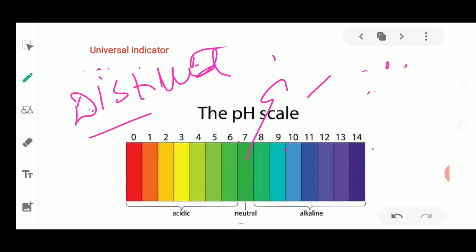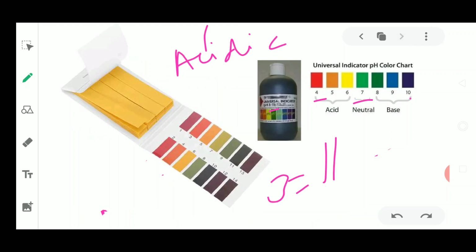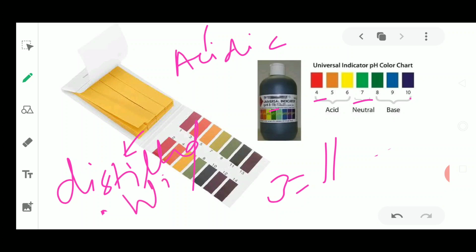When you take a strip of universal indicator paper and dip it in distilled water, what will happen? Distilled water is neutral in nature, so it is going to give you the 7 value. It is going to show you the light green color. So this change from yellow to green means the given solution, the distilled water, is neutral in nature.